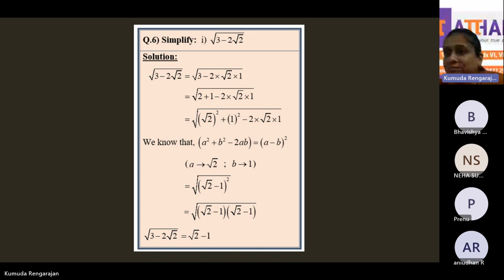So 7 to the power n plus 2 minus, I'm doing the first one, children, 3 into 7 to the power n plus 1 divided by 20 into 7 to the power n minus 2 into 7 to the power n. Now, in the denominator, do you think 7 to the power n is common? This is the first term, this is the second term. 7 to the power n is common in both, so can you take it out?